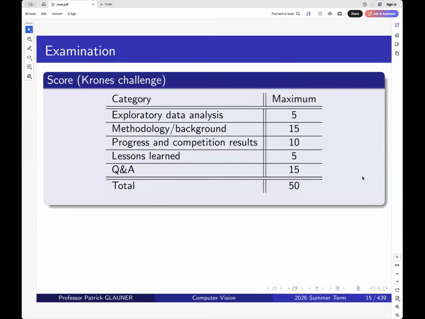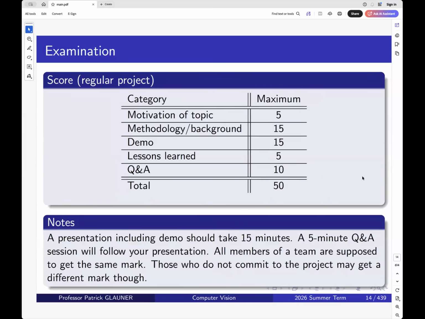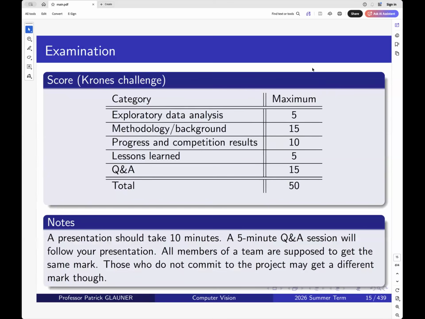So if you work hard, if you study the theory from this course, you work hard on a project, and you do a good presentation, marking is not really an issue. And there are only a few groups last year that really got a bad score, but for a bad score, you would really do extremely little work. So whether picking the Cronus challenge or a regular project doesn't make much of a difference in terms of the marking. It's just a different scheme because the goal is different.